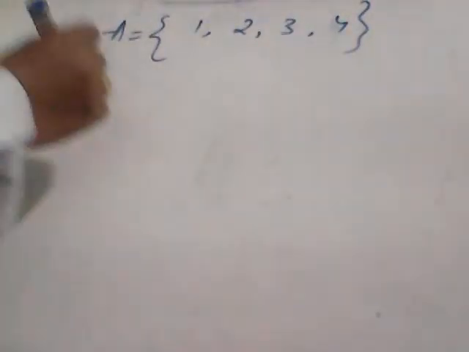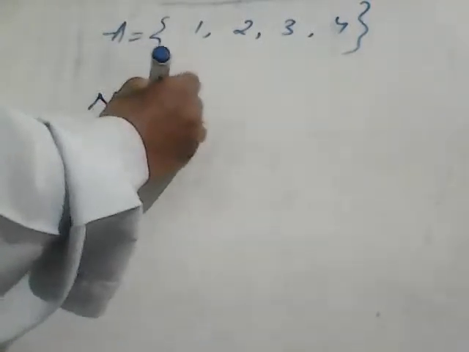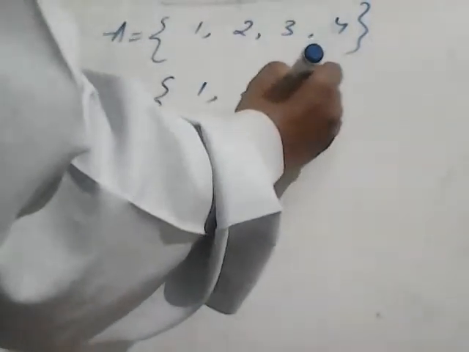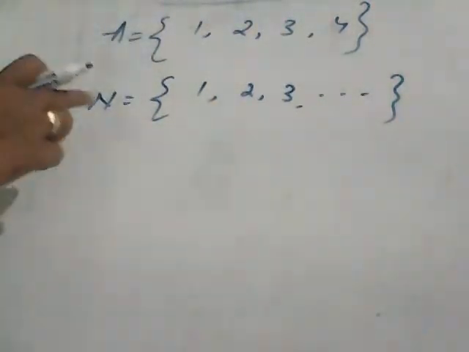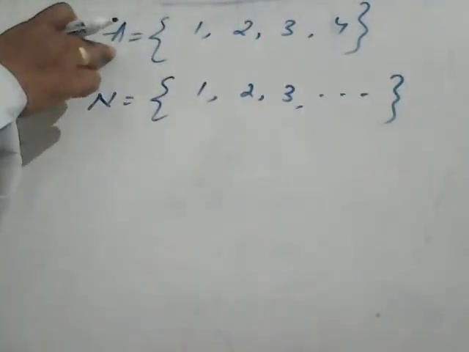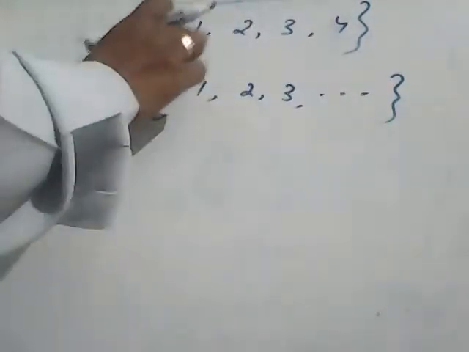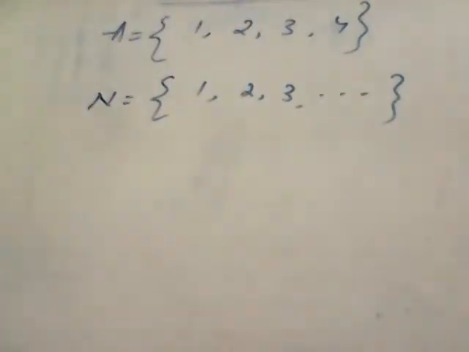Here A is a set. It is written here: 1, 2, 3, 4. N is written 1, 2, 3 and so on. See the difference between set A and set N. A has exactly 4 elements, 1, 2, 3, 4, whereas N is a set containing infinite numbers of elements.